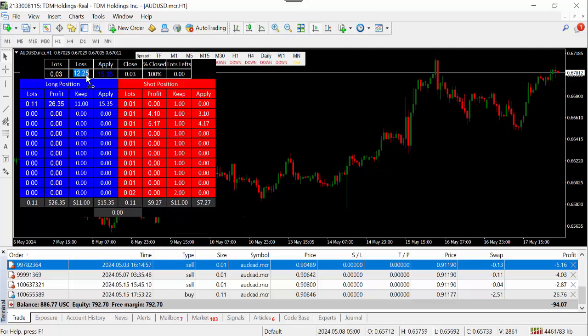So let's click here and say 9.27 is our losses, and this is our profit, which still remains this. And this should be 0.02 now. So now you can see it said we should close everything in total, close all the 0.02 lot size, and that's what we are going to do.